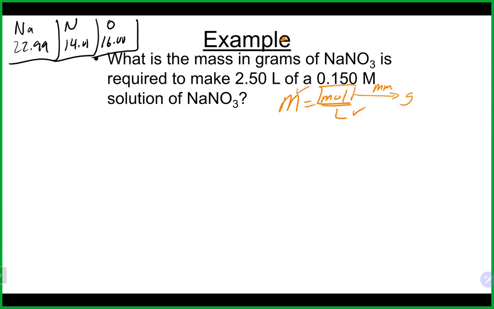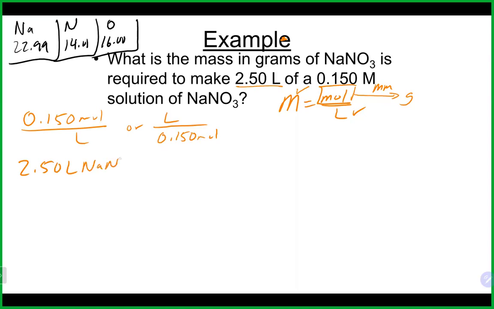So to do that, we want to make sure everybody's in the right units. Our volume is in liters, so that's good. Here, I'm going to turn that into more of a conversion factor version of our molarity, which again, you could use in either way. So we're going to start with our 2.5 liters of sodium nitrate.